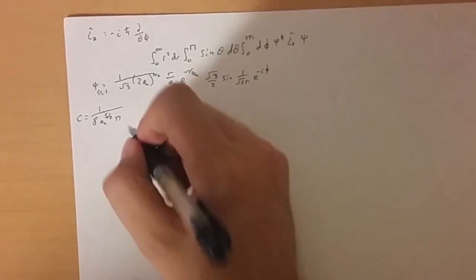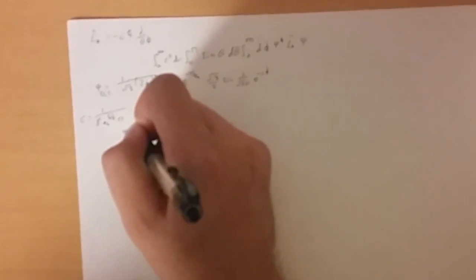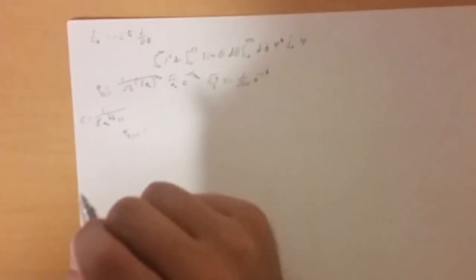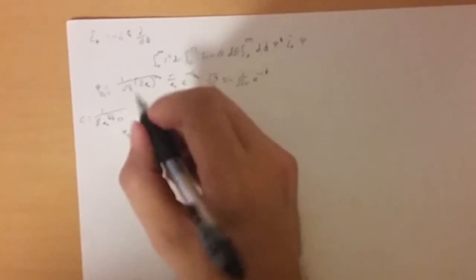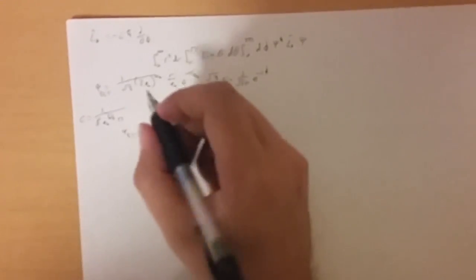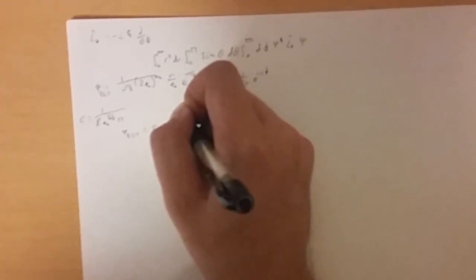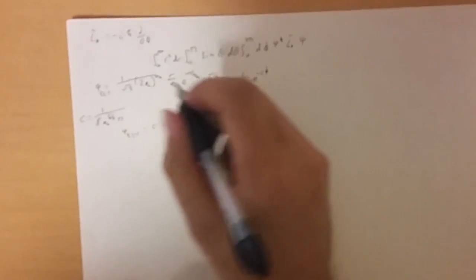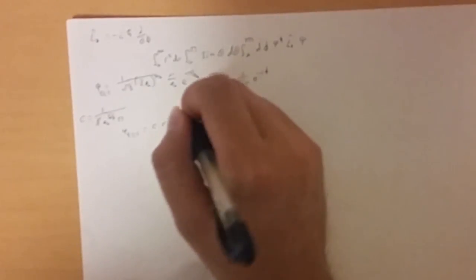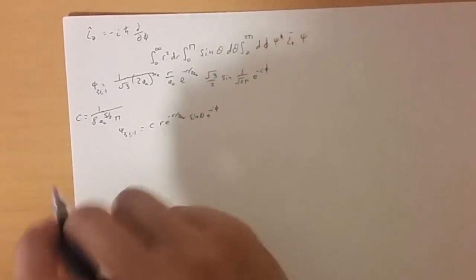And so then we can write this psi of 2, 1, -1 as C times r e to the negative r over 2 a naught times sine theta times e to the negative i phi.